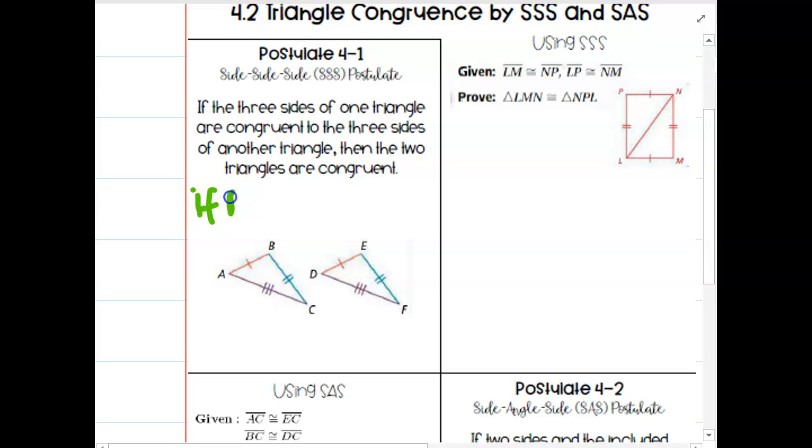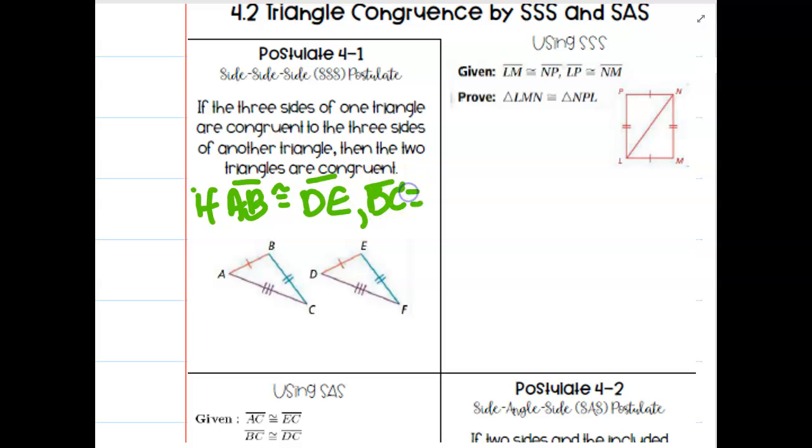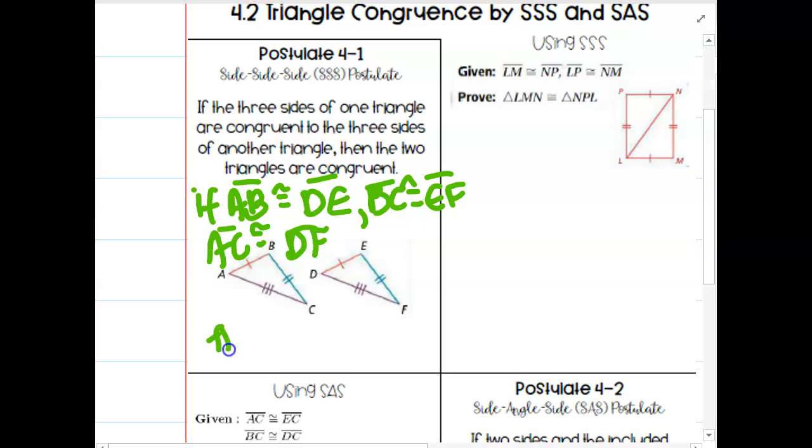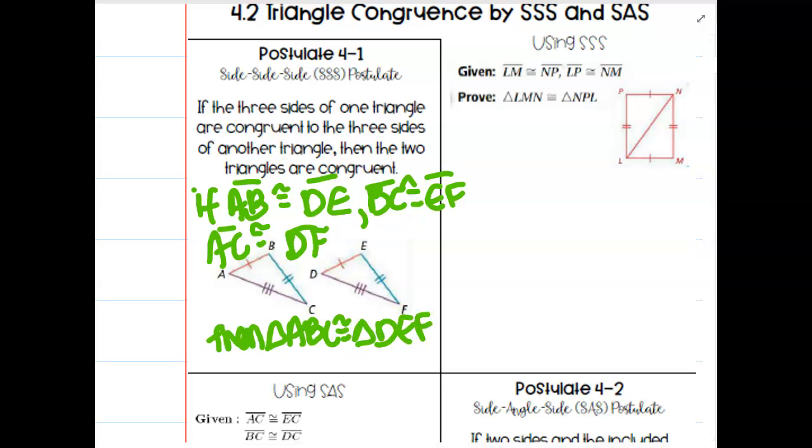If you know that side AB is congruent to side DE, and side BC is congruent to side EF, and AC is congruent to DF, okay, so you have three sets of congruent sides. If you can show that the three sides are congruent, that's enough to say then triangle ABC is congruent to triangle DEF. You don't have to worry about the angles.